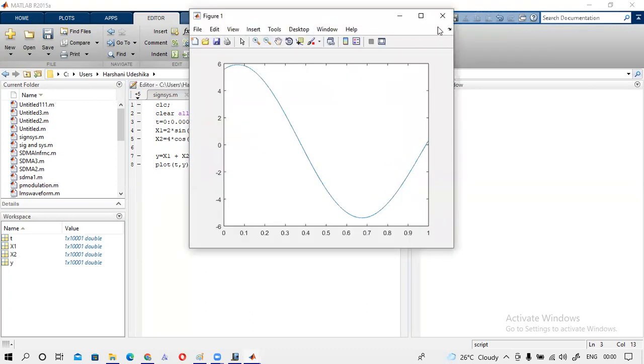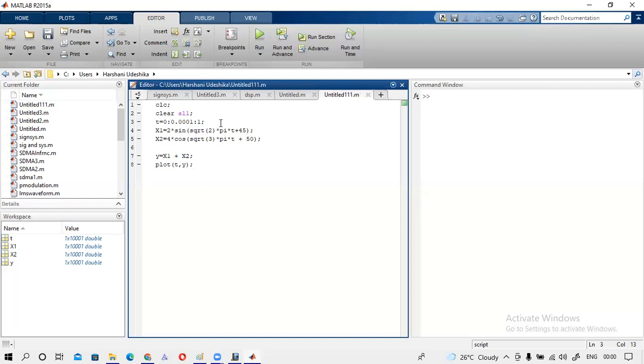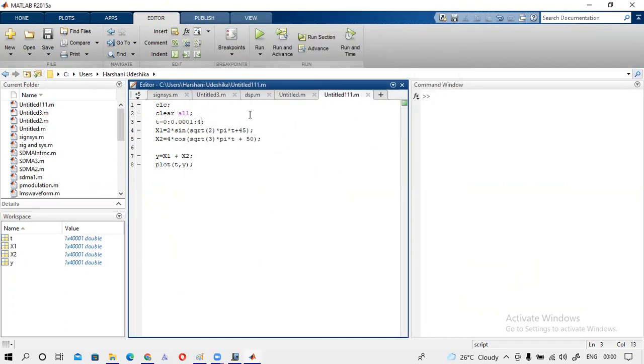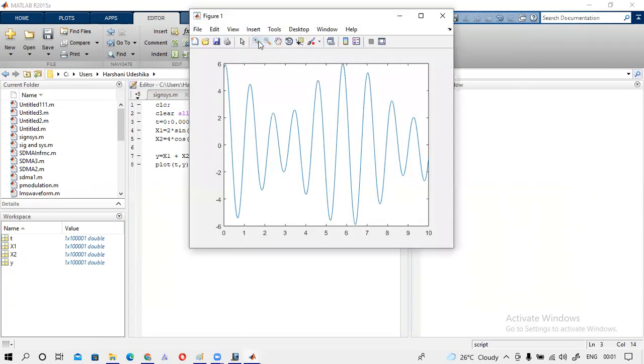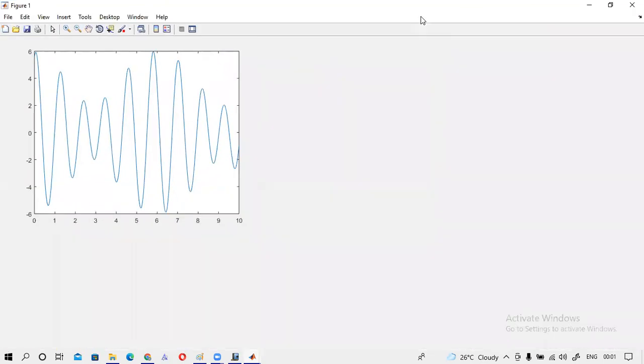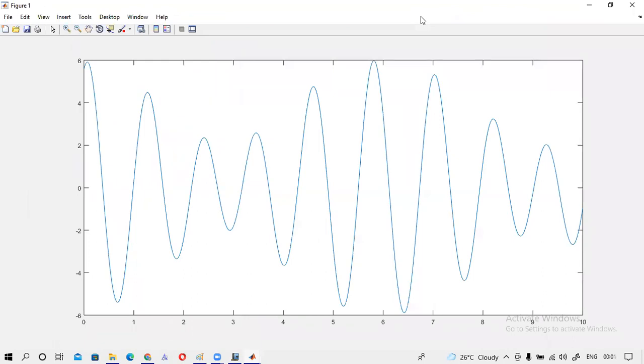You can see that this is not repetitive. It goes to decay or something. If we take some values, this does not look repetitive.